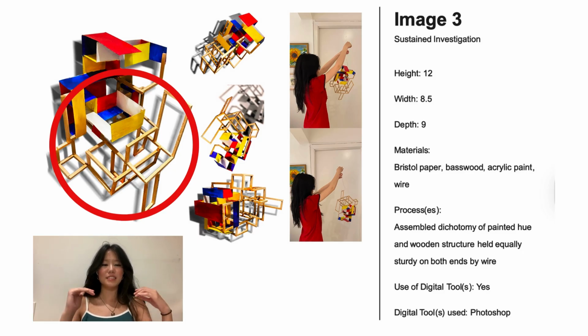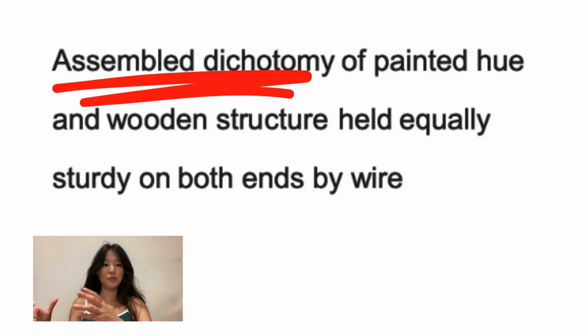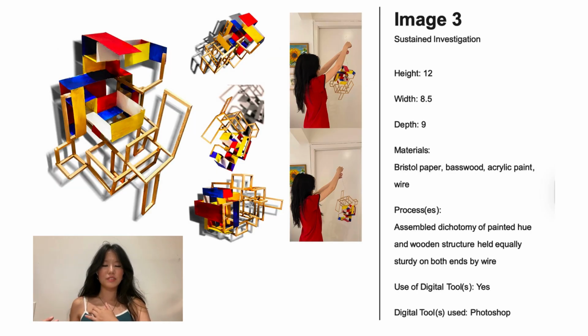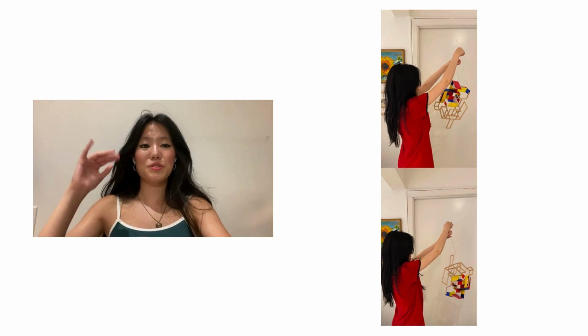It's as if we literally just took the outlines of the top half and took out the color. So I think this assembled dichotomy of hue and structure is meant to represent, so these are the literal colors, and the wooden structure is symbolic of how strong they are. And to further drive my point home, I also included some images of me holding up the structure from 2 different angles.